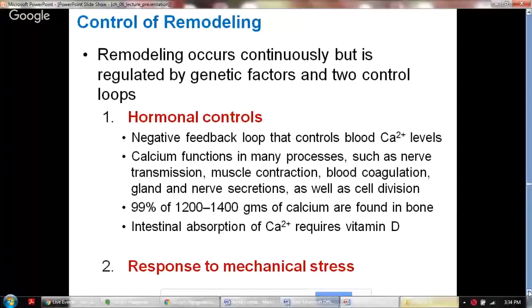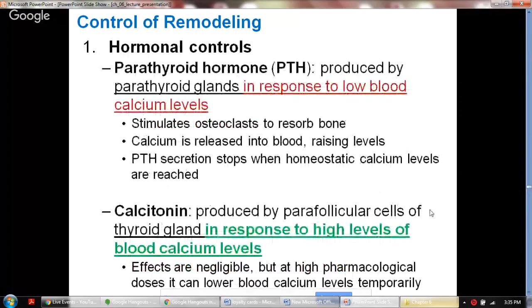So 99% of calcium you would find in the bone and the rest would be in the blood. And people would know that intestinal absorption of calcium requires vitamin D. With regard to hormonal control, parathyroid hormone is produced by the parathyroid gland in response to low blood calcium levels.